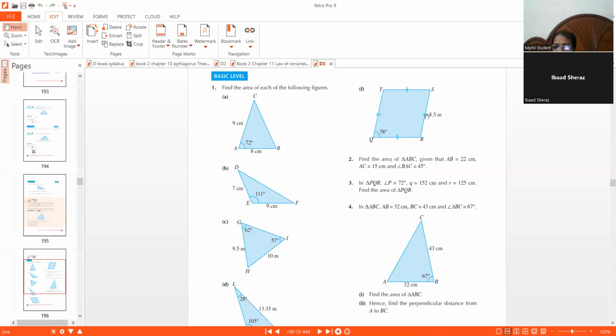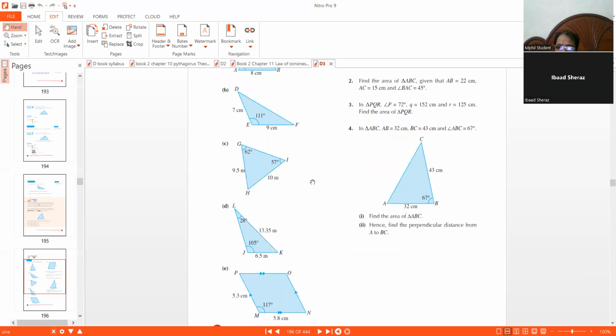If this is 8.5 meters, then this is also 8.5. So we have triangles if we make them separately, making them apart over here. So we can use the diagram with the area of triangle formula. We don't need to find the parallelogram's length into width. We will find the area of one triangle, and the other triangle's area will be calculated directly without any issue. And we will add both triangles' areas.